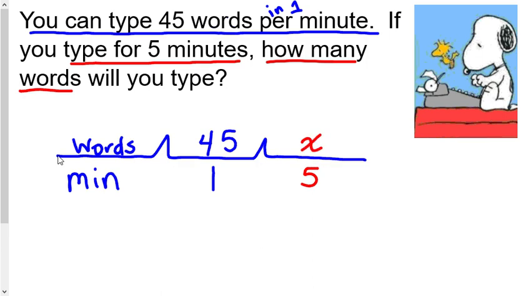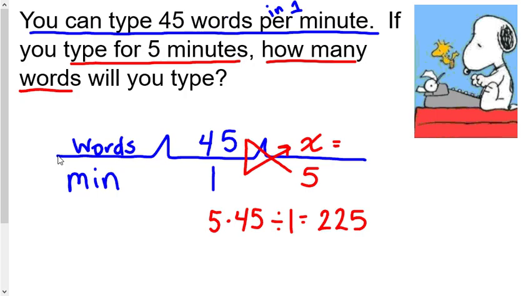So that's the bridge map you really should have set up. If we cross multiply and then divide, we're going to do 5 times 45, and then we're going to divide by 1. And that's going to equal 225. So my answer is going to be 225. Specifically, it says, if you type for 5 minutes, how many words will you type? Our answer is 225 words.